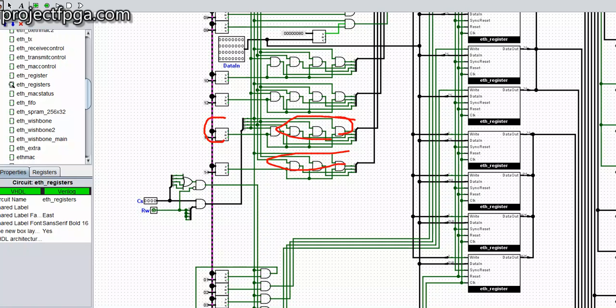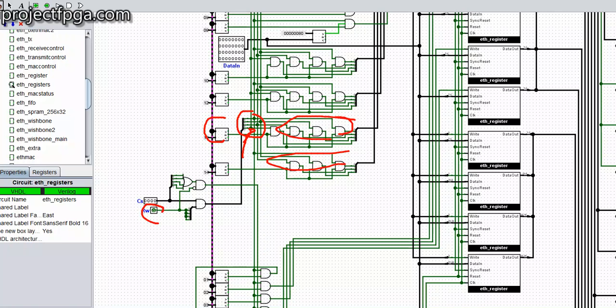Then if we now select the read option, that is when this bit is high, it goes in here and is fed into this line here. So anybody on this line is going to receive the signal.